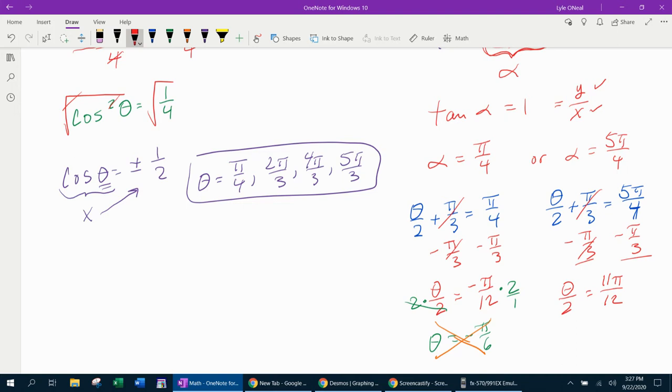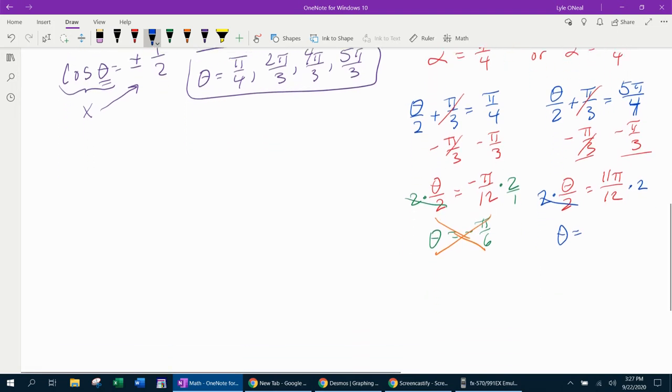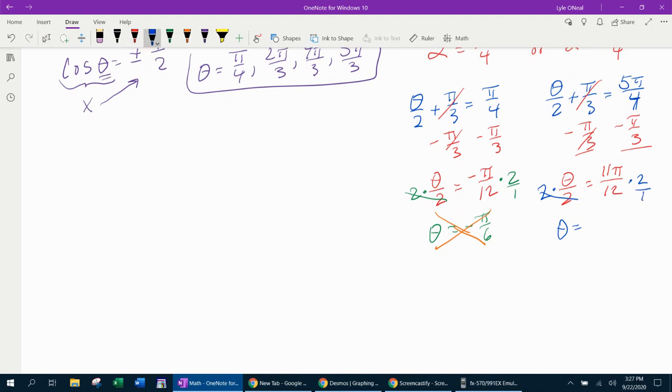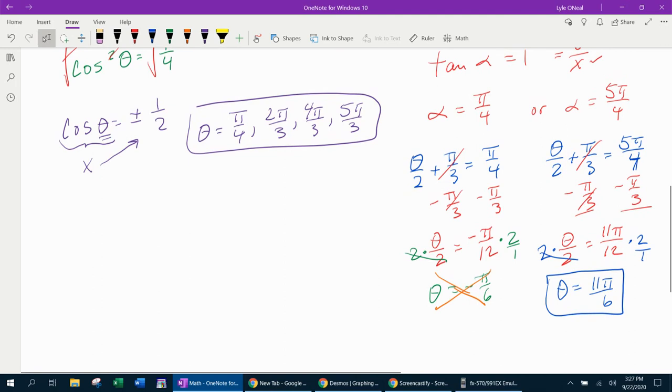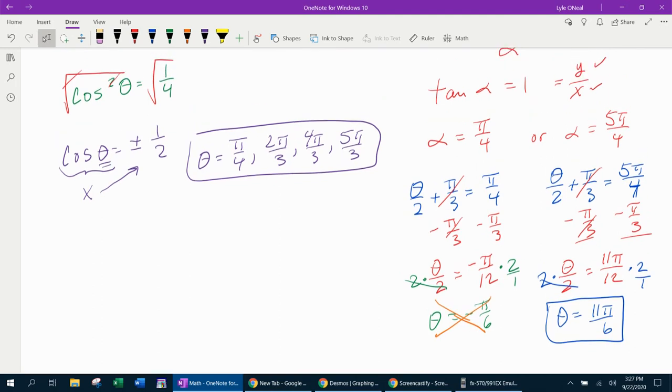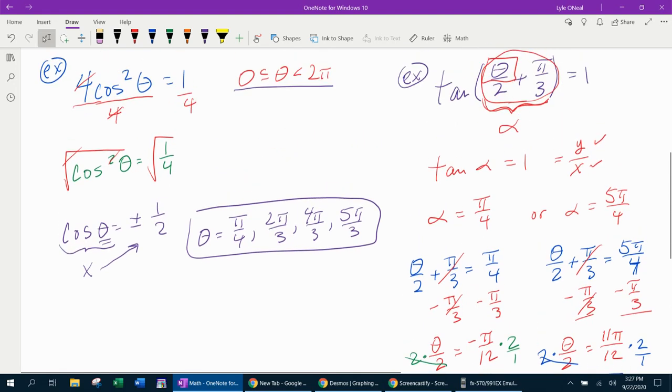And then I need to multiply both sides by 2 in order to isolate theta. All right, so that's going to give me theta is 11 pi over 6, if I reduce that fraction there. So it looks like there should only be one valid solution between 0 and 2 pi for that equation.